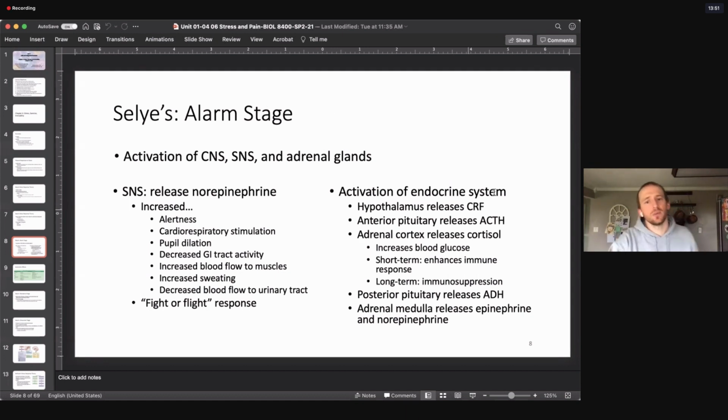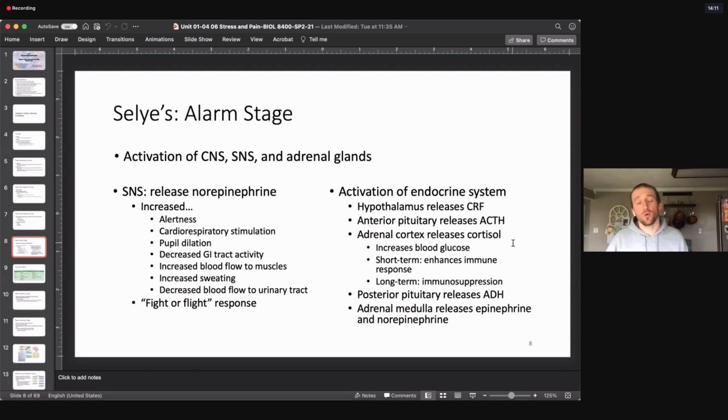In the endocrine system, when it gets activated, you get the hypothalamus, which is releasing CRF. The anterior pituitary gland is releasing ACTH, and these are going to drive the adrenal cortex to release cortisol. And this is what lay people would call the stress hormone.